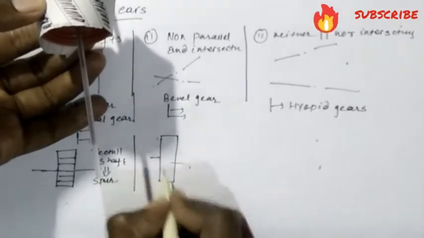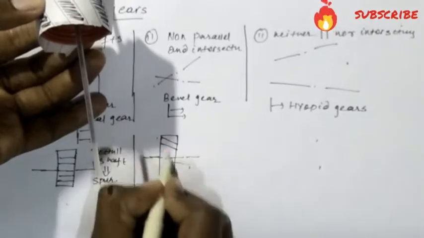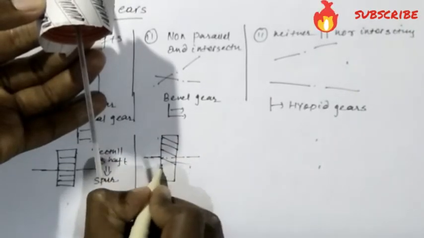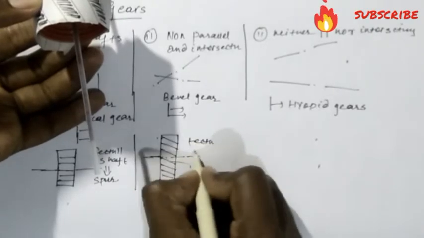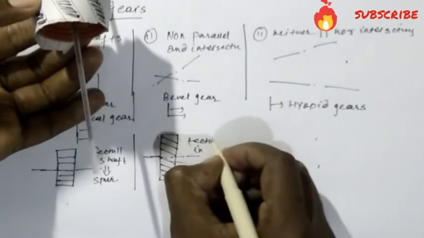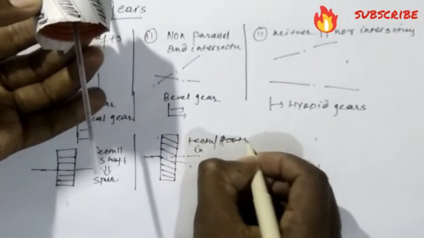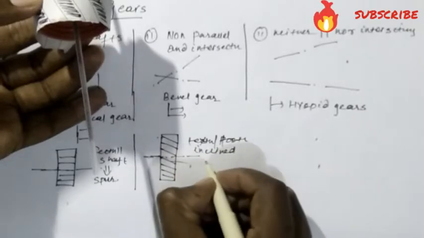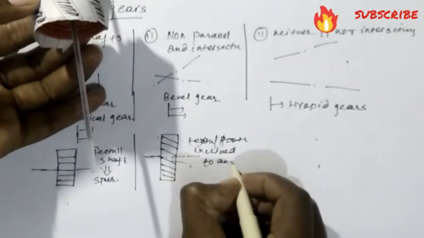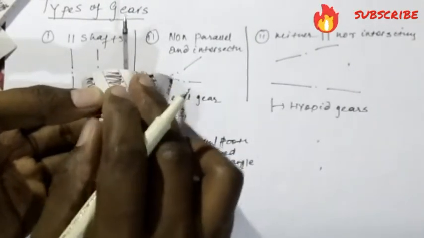So in front view you can see this is the gear, and this is the inclination of the teeth. So when teeth are inclined, if it is plural then we use teeth, so teeth are inclined to an angle. They are inclined to an angle. So such gears are known as helical gears.